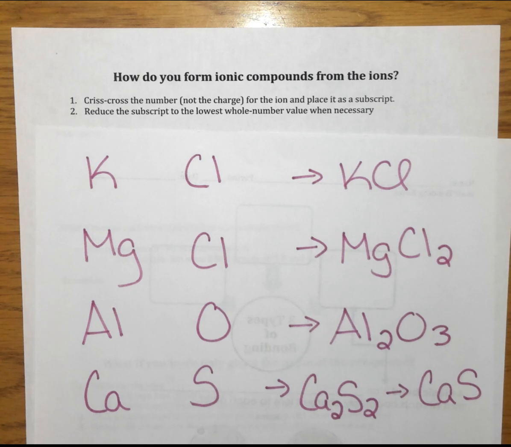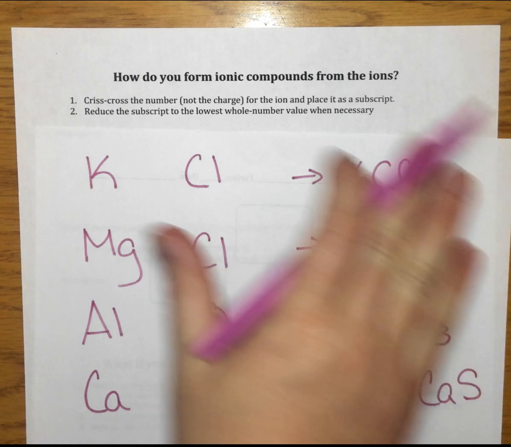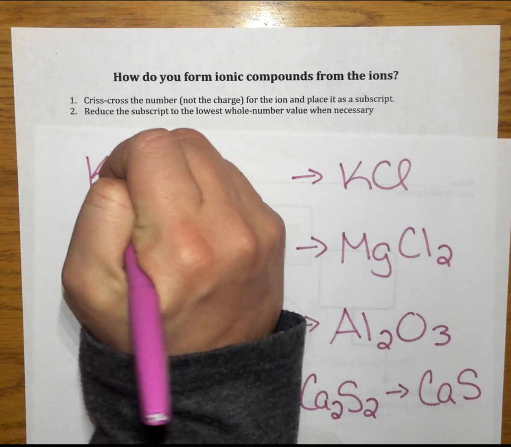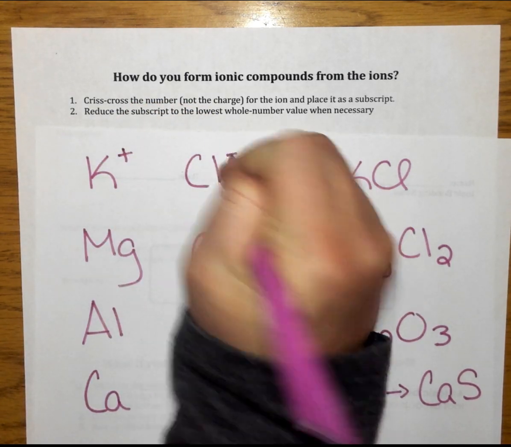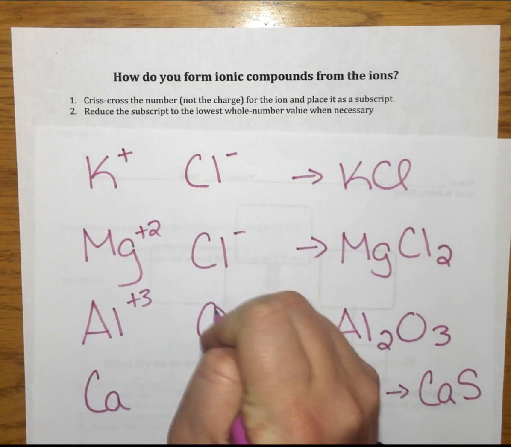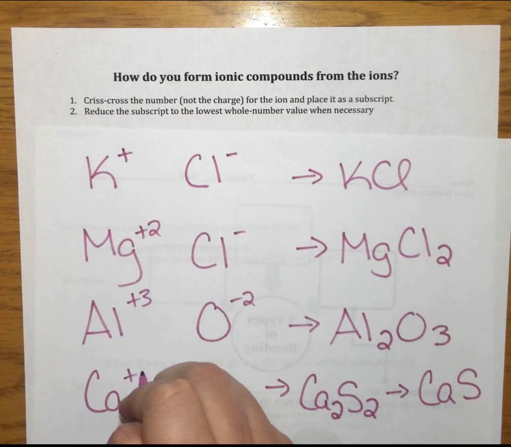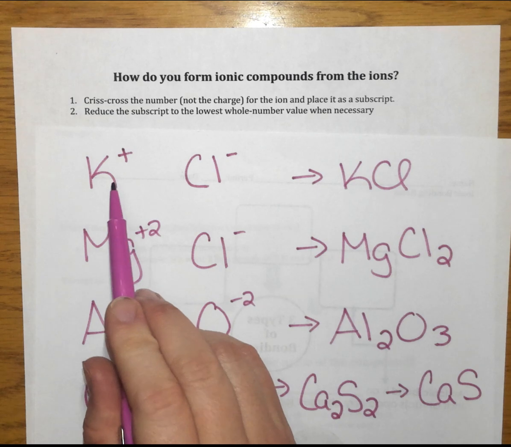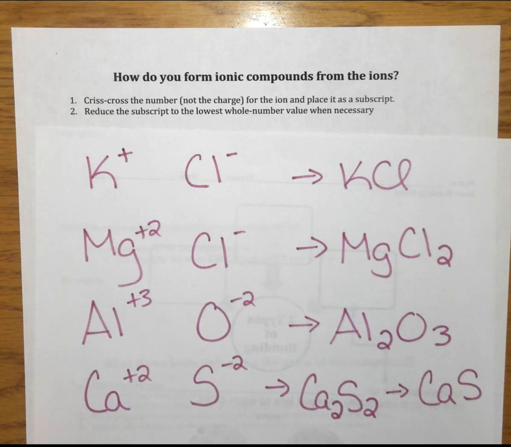Polyatomic means multiple atoms. All of these involve monatomic ions. This is 1 atom, 1 atom. So it doesn't matter what their charges are, okay? What we're looking at is the fact that these are all monatomic. It's just a potassium, it's just a chlorine.